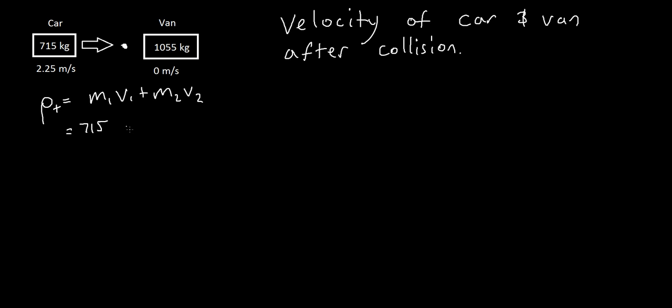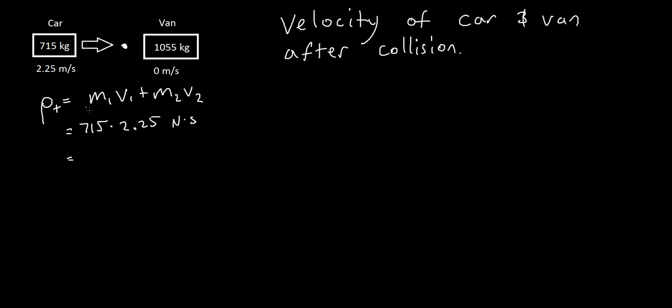which is m1v1, 715 kilograms times 2.25, plus m2v2. Well, v2 is 0, so that term just cancels out.